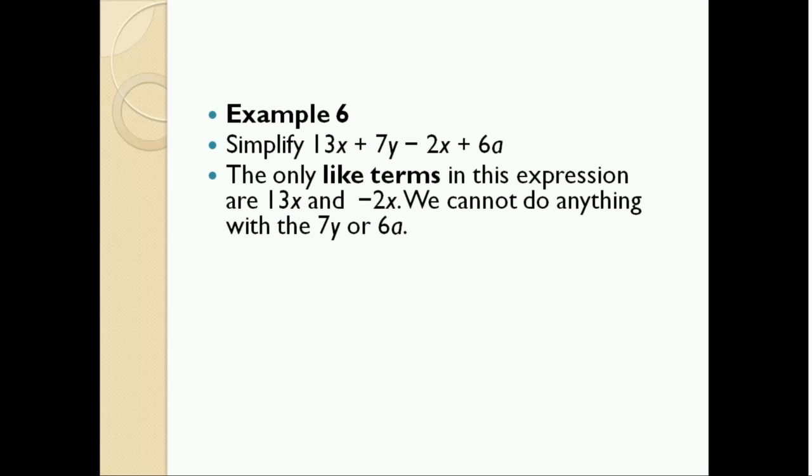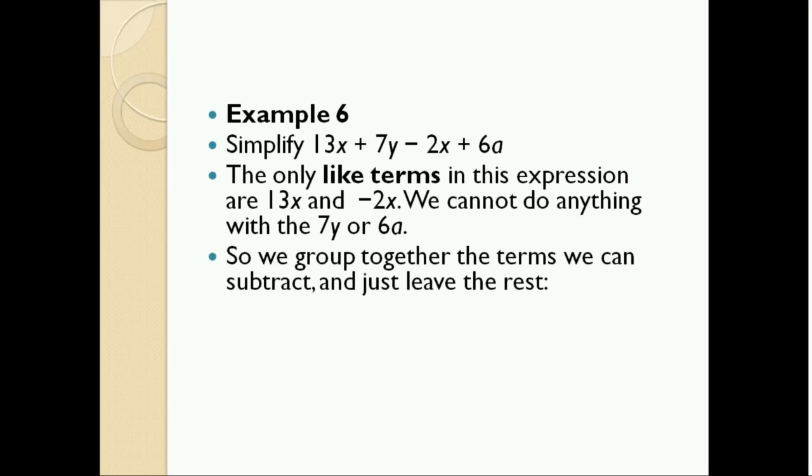We cannot do anything with the 7y or 6a because these two are unlike terms. So we group together the terms we can subtract and just leave the rest. So the like terms are 13x and minus 2x. I already explained you. And the 6a and the 7y are the unlike terms.